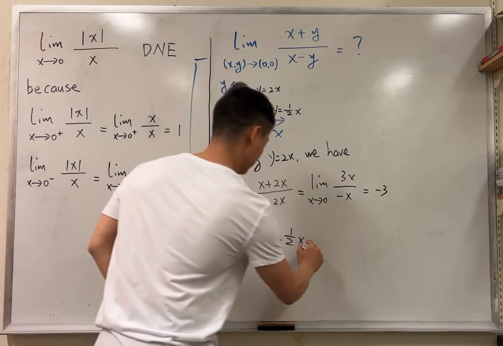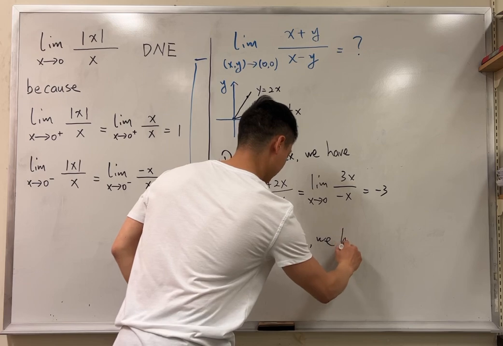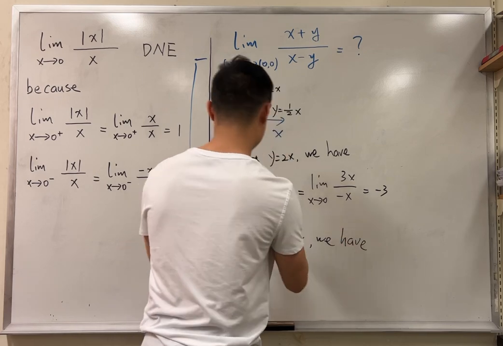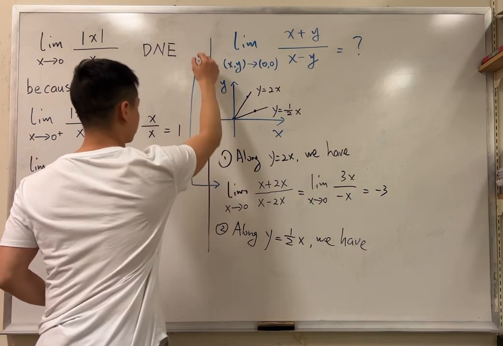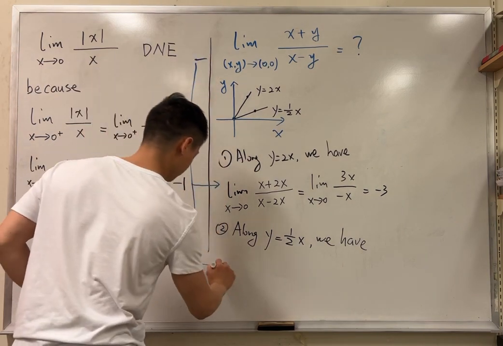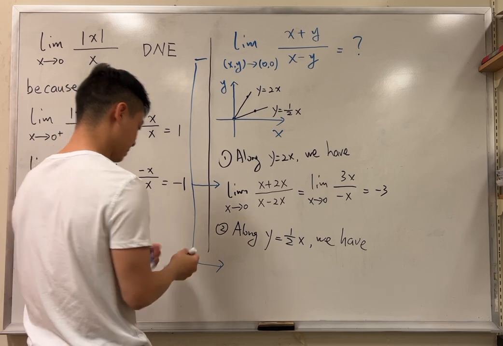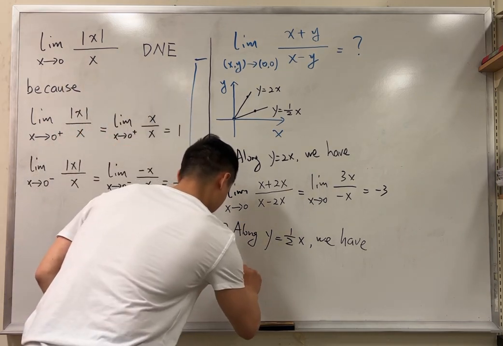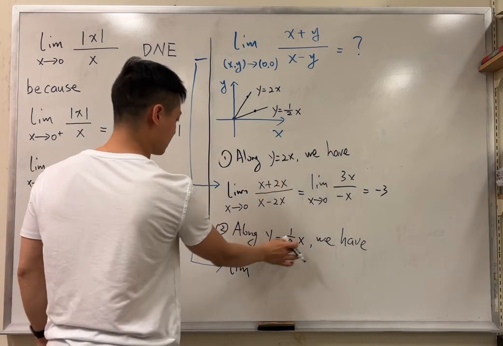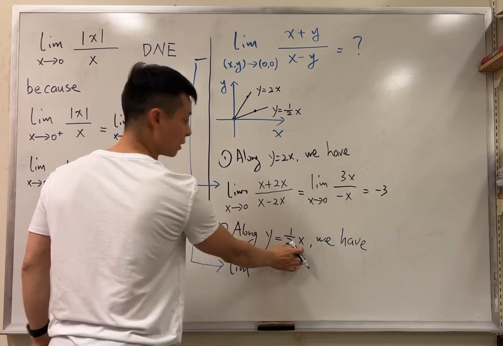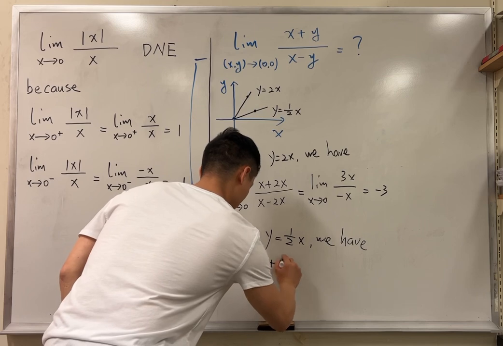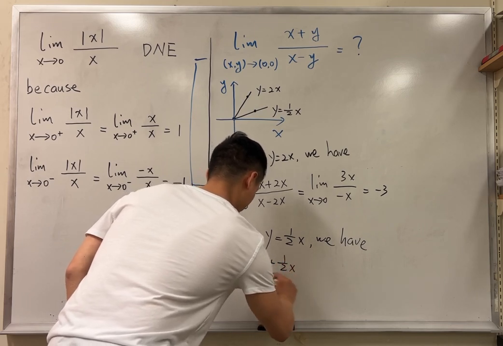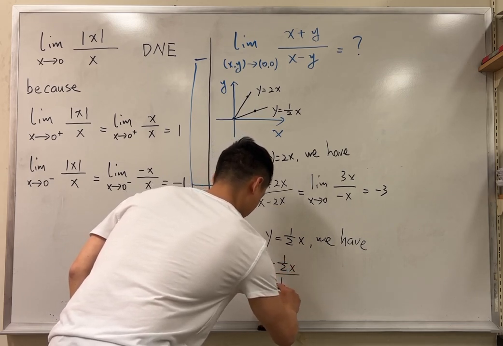And then we're gonna have similar things by computation. So this value becomes a limit where we replace y with 1 over 2x, replacing that as x plus 1 over 2x, and then x minus 1 over 2x.